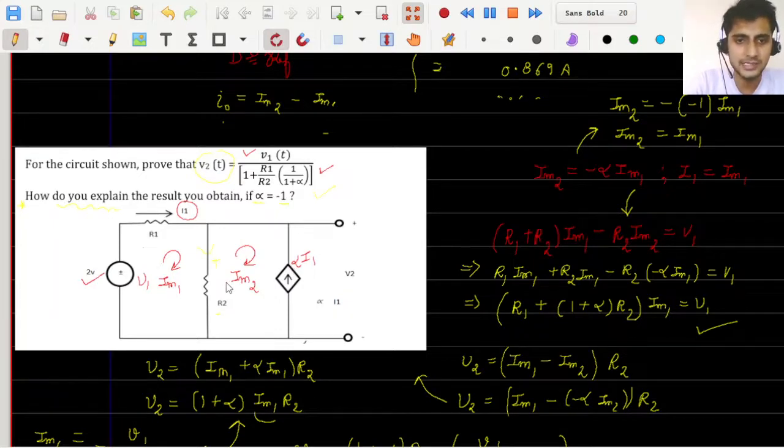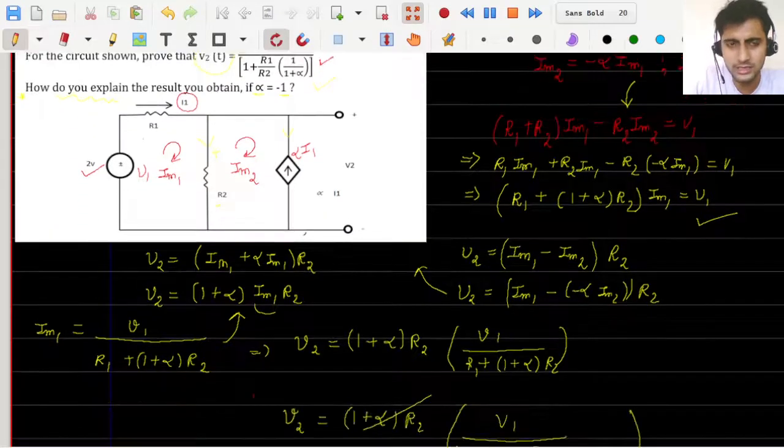I can simply say that this direction will change like this. Because it is given that if it is alpha times I1, the direction is this, and if alpha becomes -1, I will have the current flowing in this particular direction.